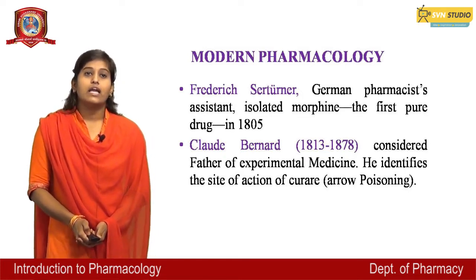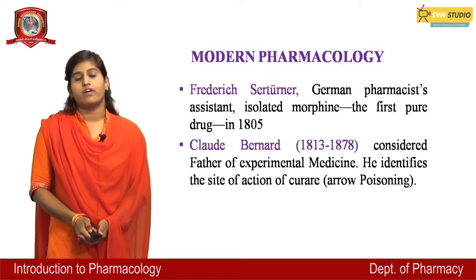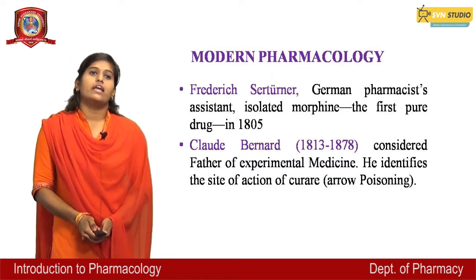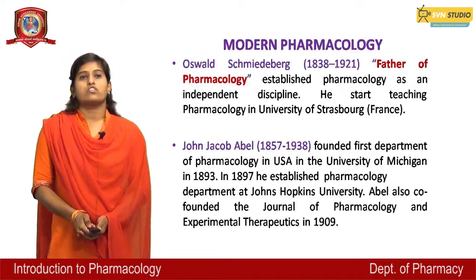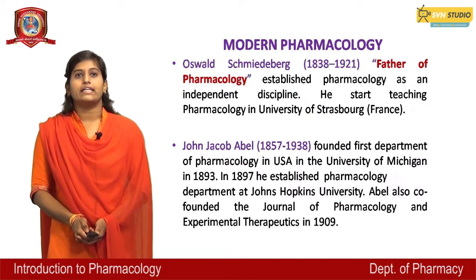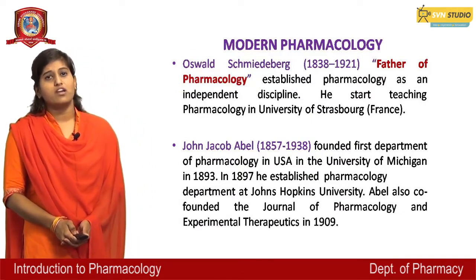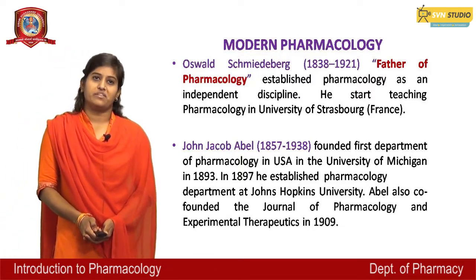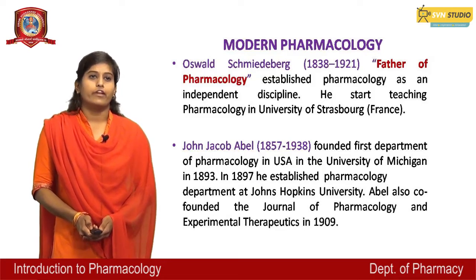Claude Bernard, 1813 to 1878, considered the father of experimental medicine, identified the site of action of curare. Oswald Schmiedeberg, 1838 to 1921, father of pharmacology, established pharmacology as an independent discipline. He started teaching pharmacology at the University of Strasbourg, France.